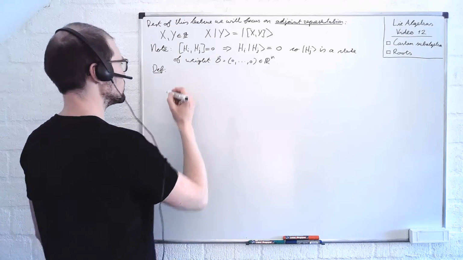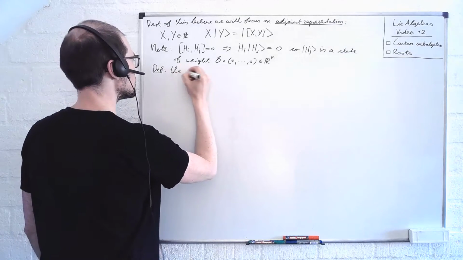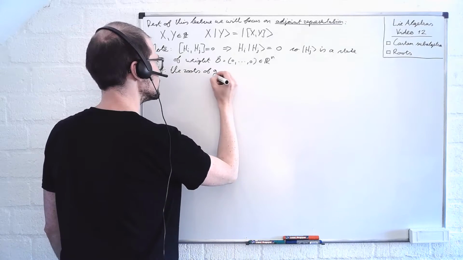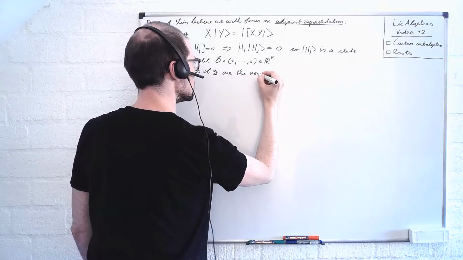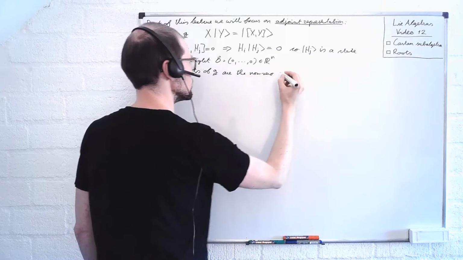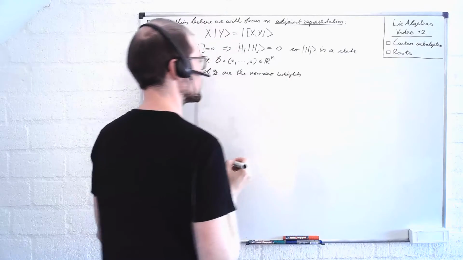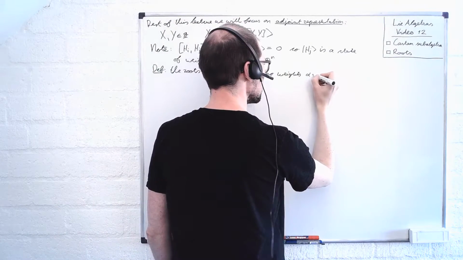And these non-zero weights are called the roots. So definition, the roots of G are the non-vanishing or non-zero weights. And for now we're going to denote them by alpha.